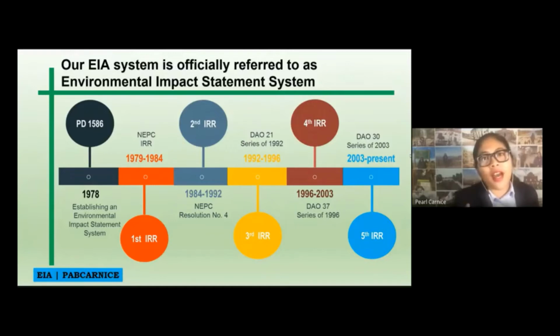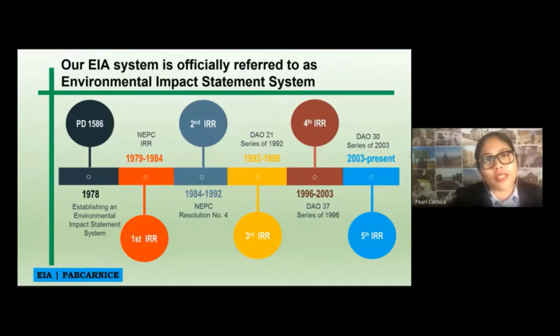From 1992 to 1996, the third IRR, we developed the DAO 21 series of 1992. On the fourth IRR, we developed the DAO 37 series of 1996, which was used from 1996 to 2003.